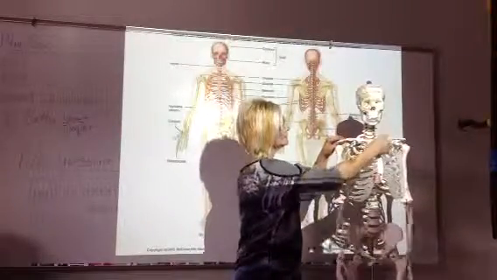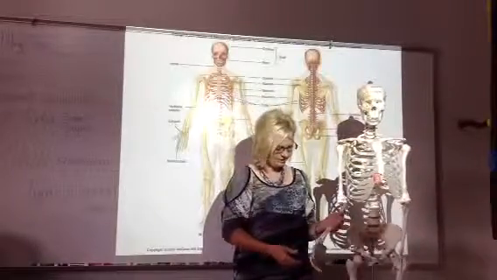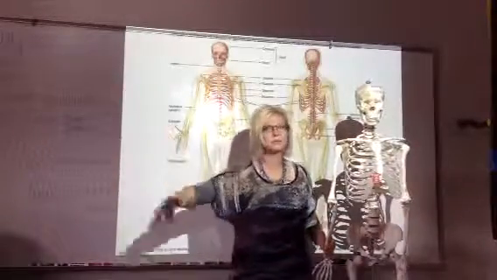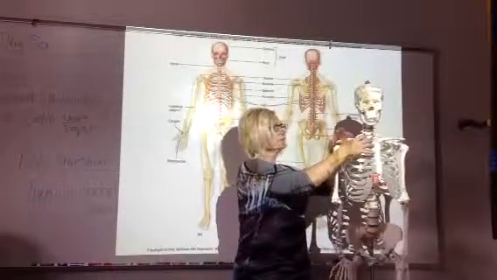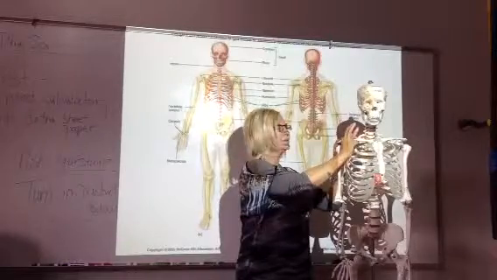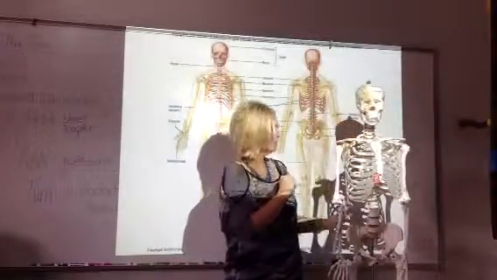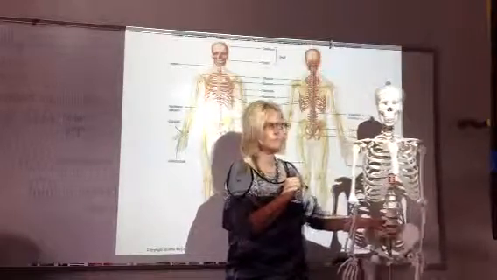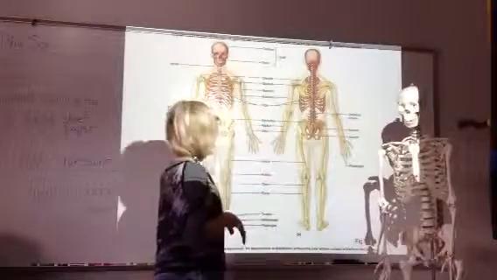Your clavicle is wedged. If I get hit in the arm, my arm can flop. There's room for movement. The clavicle is really wedged in between the scapula and the sternum. Plus, it's not very big. The clavicle is the most commonly broken bone in the human body.